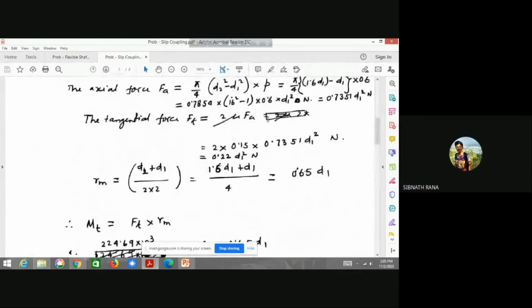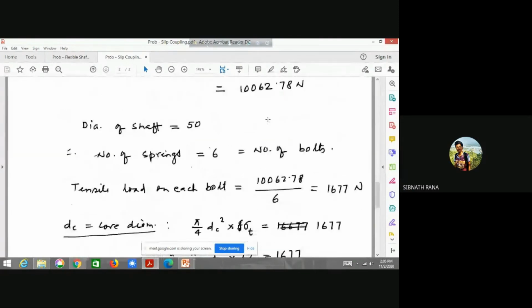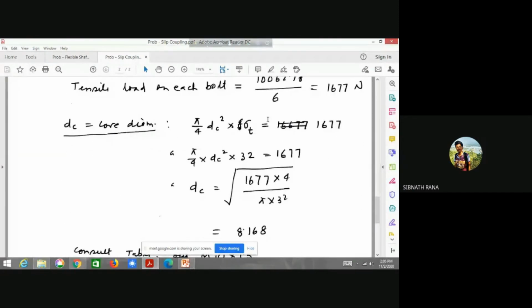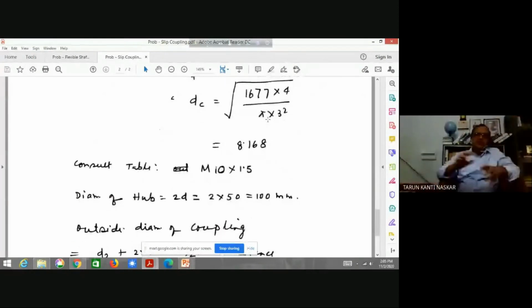Sir, why are we using coarse thread over fine thread? Because fine thread is more costly. For finer displacement, you use fine thread, because the pitch is lower. So pitch lower means fine thread, and coarse thread means pitch is higher. For a particular diameter, when pitch is higher, it is coarse thread, and for that particular diameter, when pitch is lower, it is fine thread.